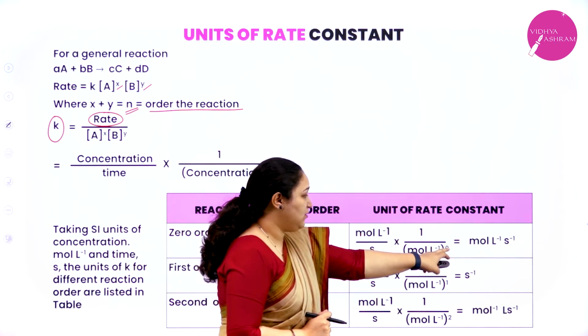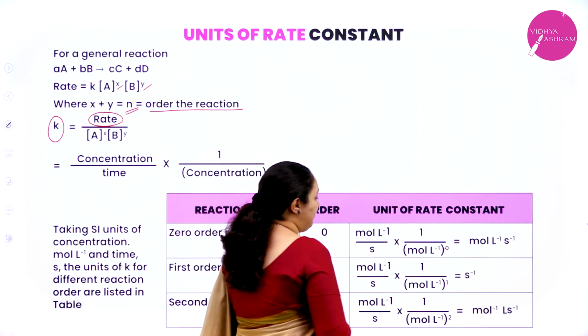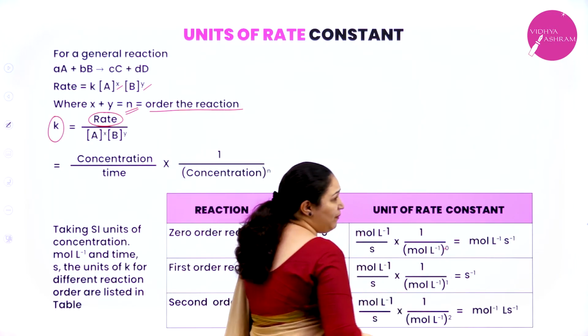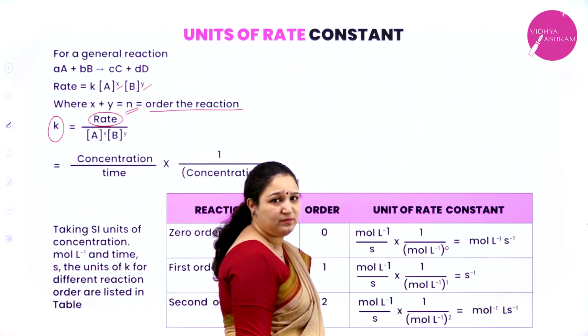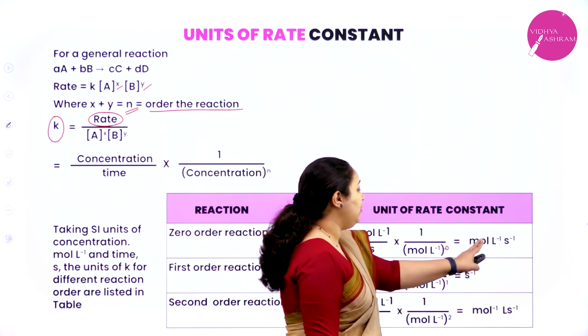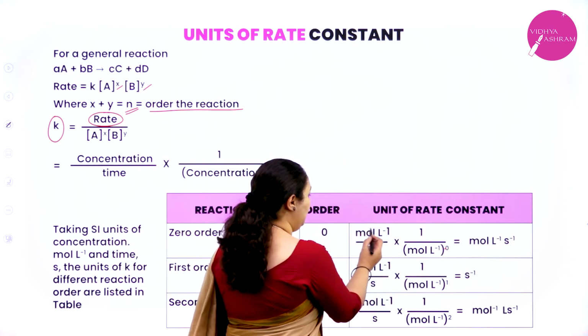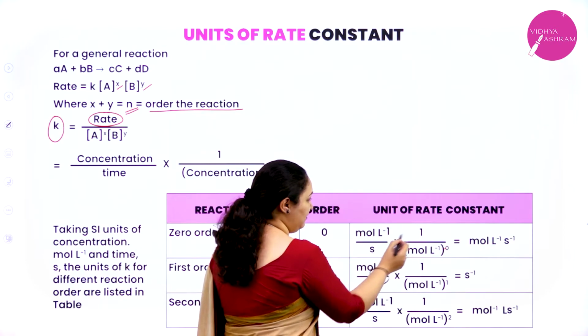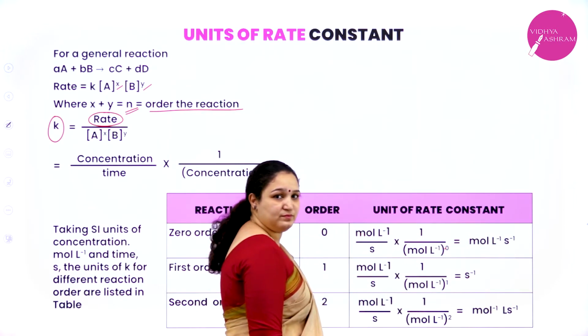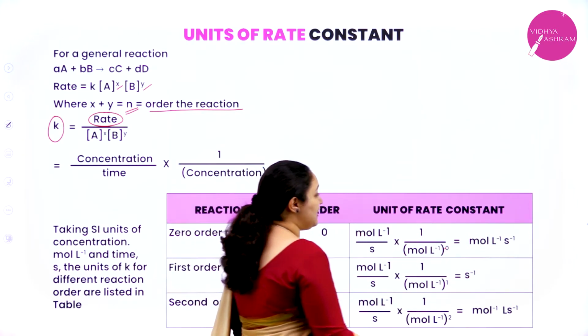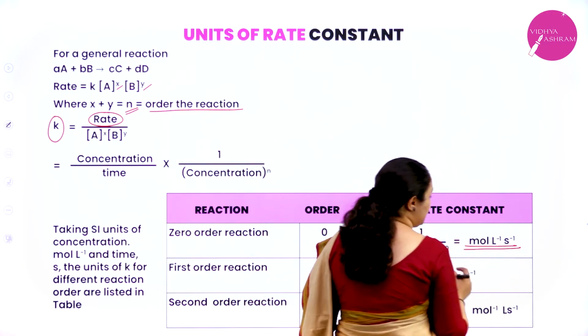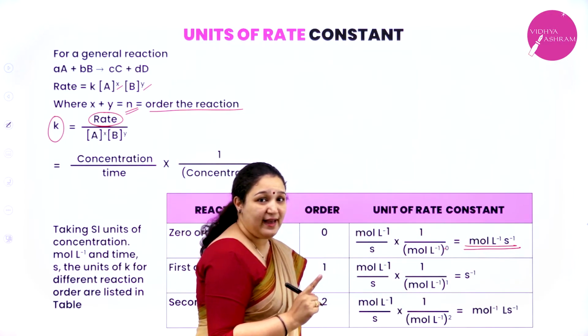So n is equal to 0. What will happen then? Something to the power 0 is 1, unity. So mole per liter per second. Mole per liter divided by second, we write it as per second. Got it? So this is the unit of rate constant for zero order reaction.